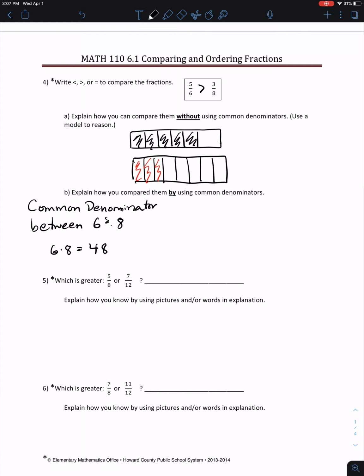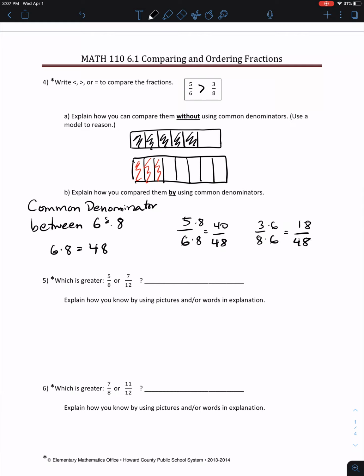To turn the 6 into a 48, I had to multiply that by 8. So that means I need to multiply the top and the bottom both by 8. And then for the 3/8, to get 48, I had to multiply the top and the bottom by 6. So in this case, I'm going to get 40 over 48 and 18 over 48.